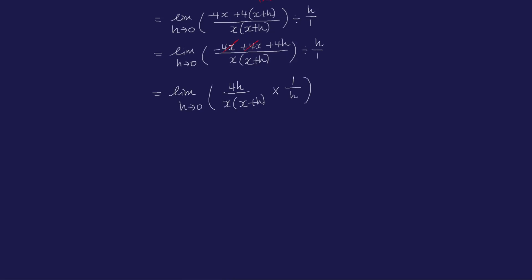Okay, so now let's simplify a bit further. So we have the limit as h approaches 0 of 4h times 1 is 4h divided by h times x into x plus h. So now let's cancel our h's.